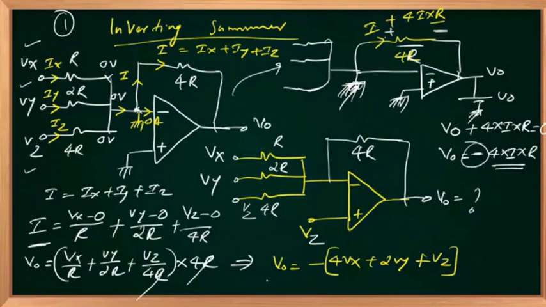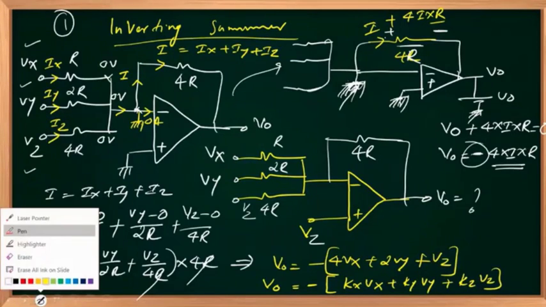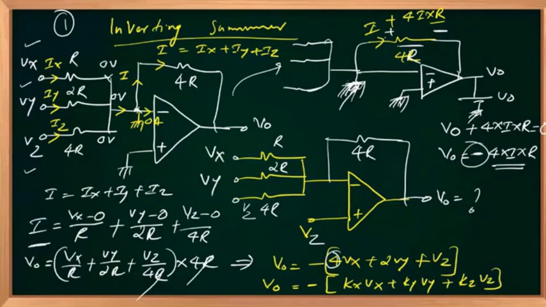They will ask you to express V out for the circuit. Let us mark V out equal to minus of Kx Vx plus Ky Vy plus Kz Vz. They will ask you what are the values of Kx, Ky and Kz. So Kx is nothing but 4, Ky is 2, Kz is 1.